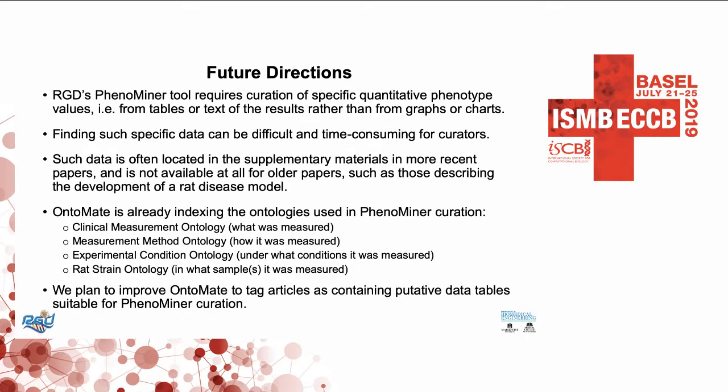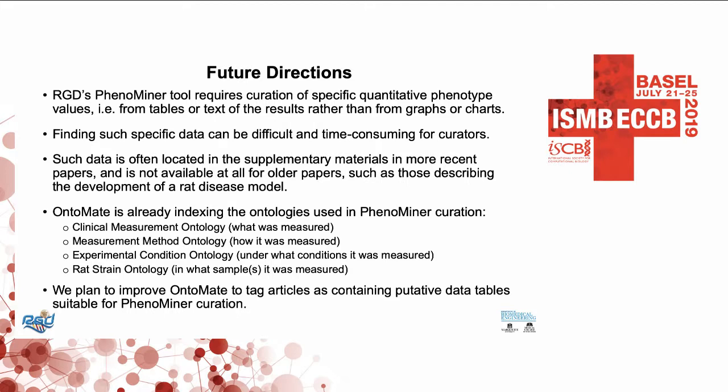So in terms of future directions, RGD's PhenoMiner tool requires curation of specific quantitative phenotype values, specifically those from tables or from texts of the results, rather than from graphs or charts, because you can estimate what a number might be from a graph or a chart, but you can't get a specific value.